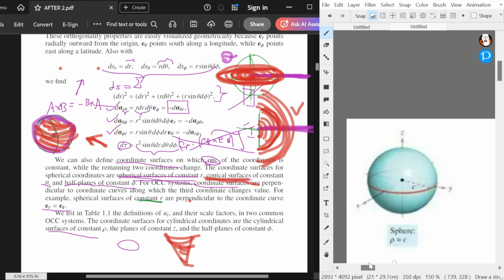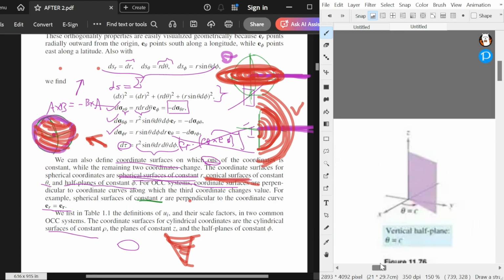Radius is constant here. We'll move this around. Vertical half plane.